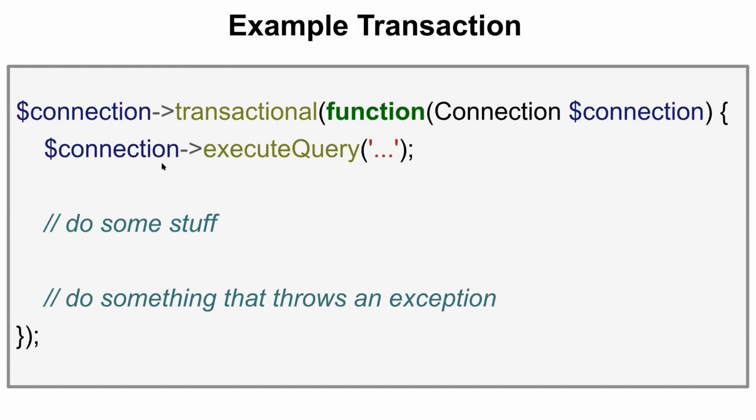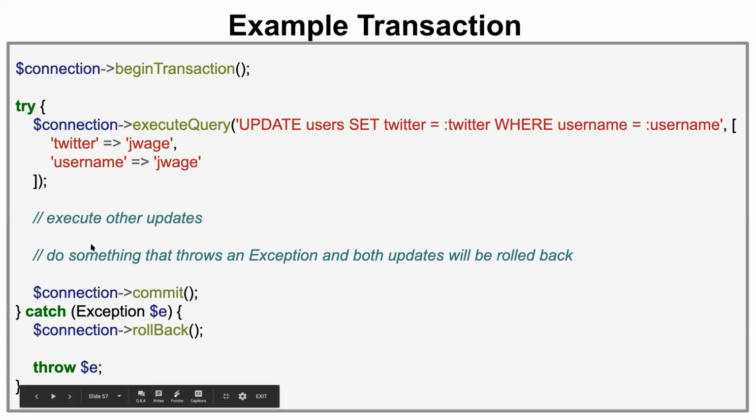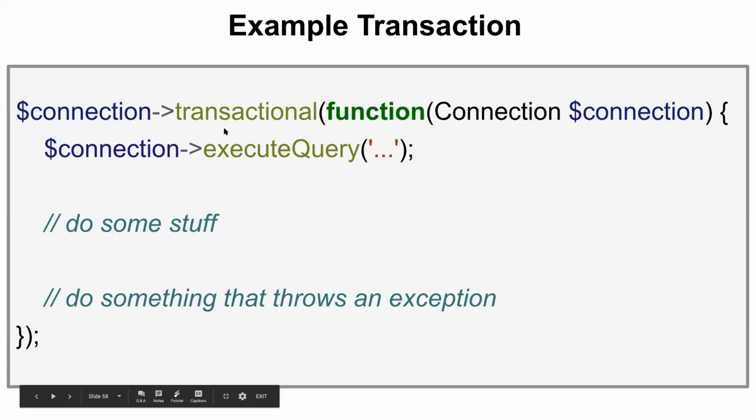This eliminates some of the boilerplate code that you have here, and you can use these transactional methods to make your application code a little bit cleaner. And the closure, the anonymous function, gets passed the connection object so that you can execute queries and do other stuff with that connection object.